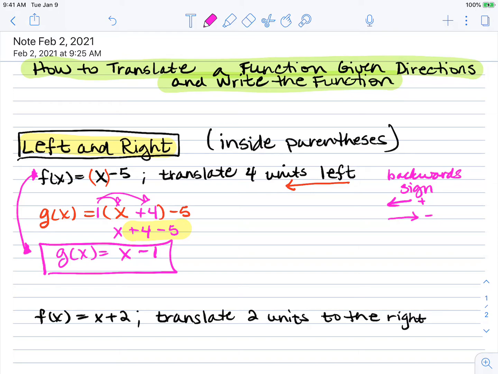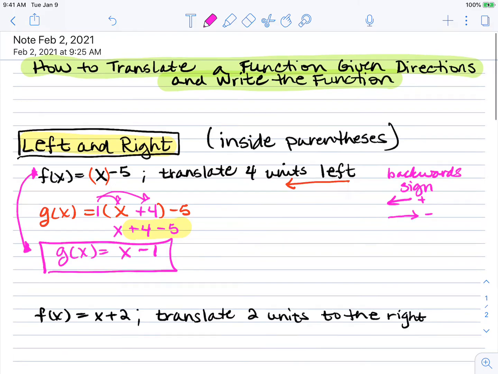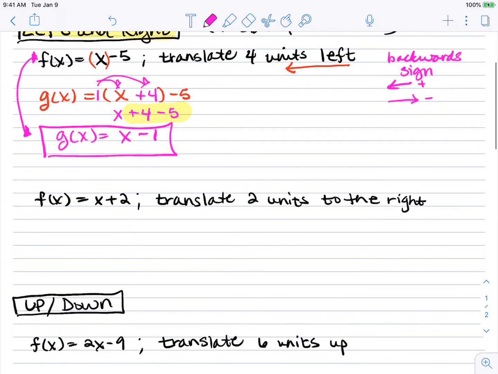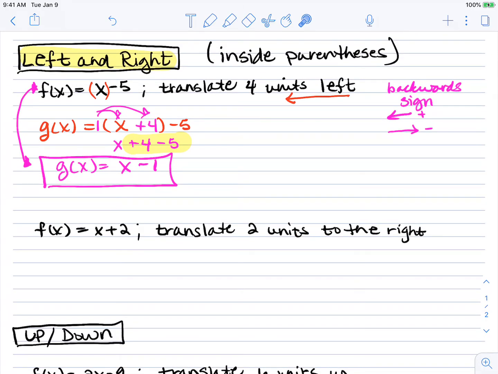Okay, so I'm going to do another one, but this one is asking me to translate it to the right. So I'm looking now at this problem, and it's saying given your function, we want to translate it 2 units to the right. And we know that left and right, well, that is inside parentheses.